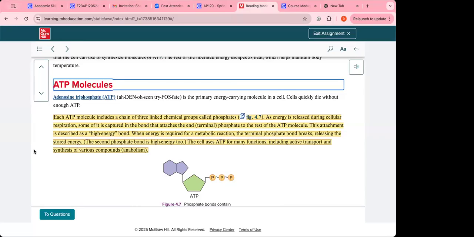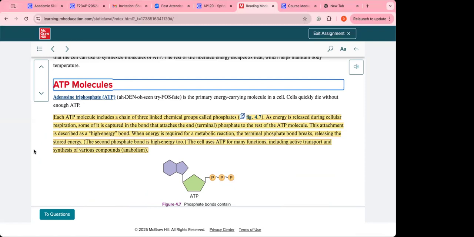As energy is released during cellular respiration, some of it is captured in the bond that attaches the terminal phosphate to the rest of the ATP molecule. This attachment is described as a high energy bond. When energy is released for a metabolic reaction, the terminal phosphate bond breaks, releasing the stored energy. The second phosphate bond is high energy too.